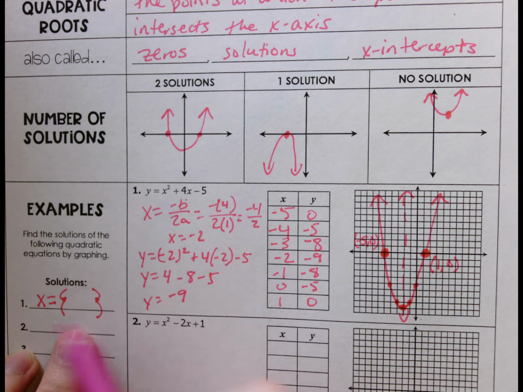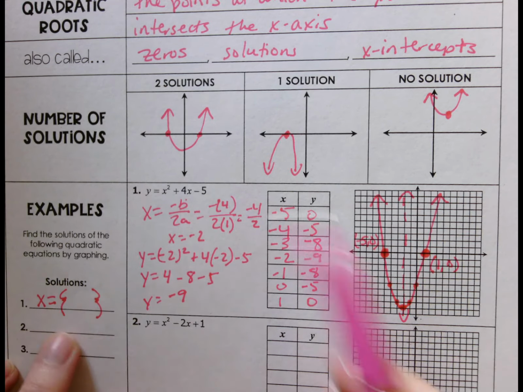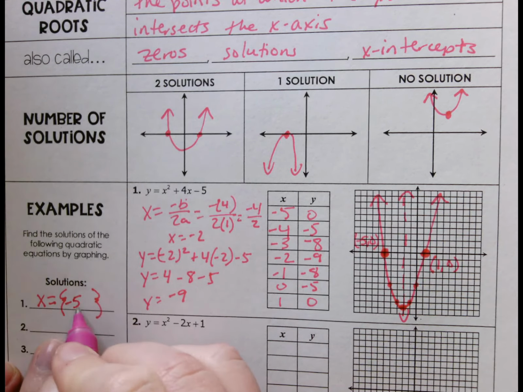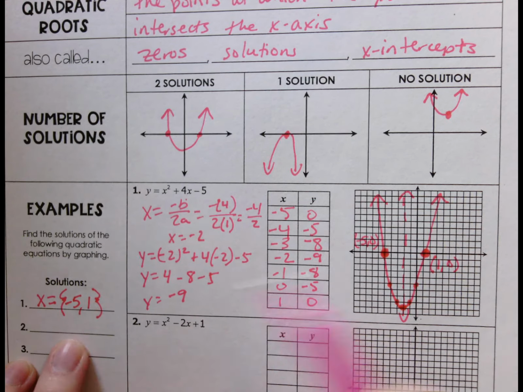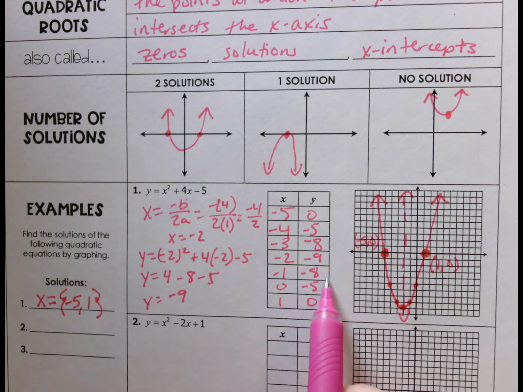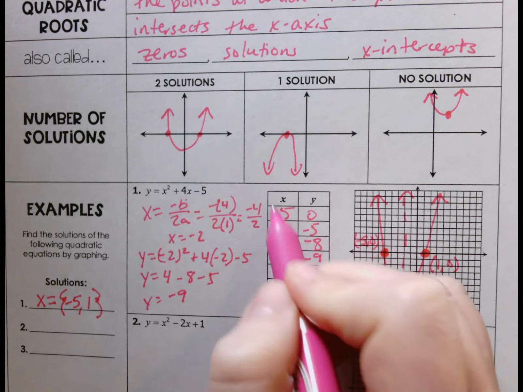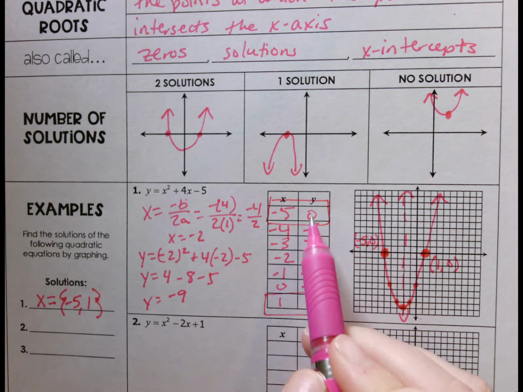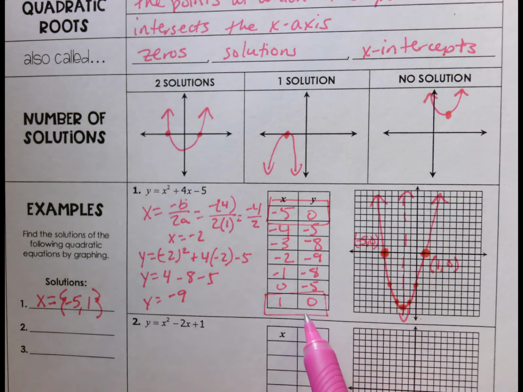So we're always just going to write our answers in solution sets. So x is equal to our little curly brace, -5, and 1. Those are our 2 x values. So 1, 0, and -5, 0 is where it intersects the x-axis. So -5 and 1 are our answers.